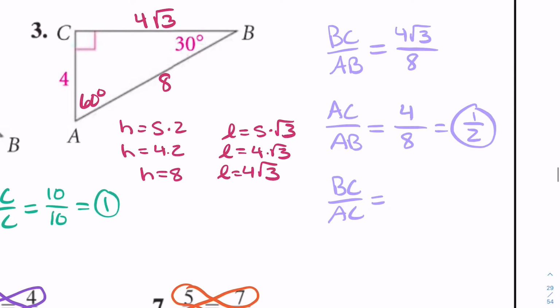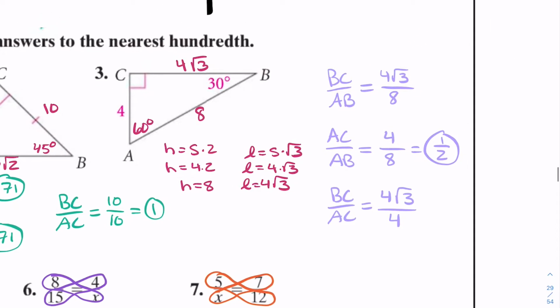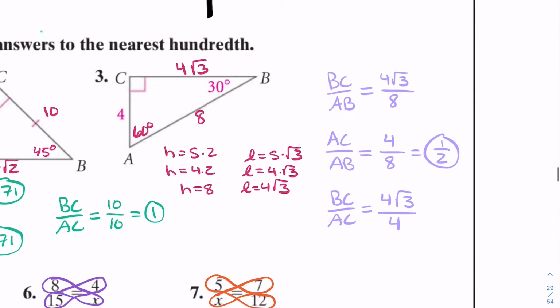And BC is 4 square roots of 3 over AC. They wanted what? BC over AC? BC over AC. Yep. Okay. So 4 square root of 3 over 8.